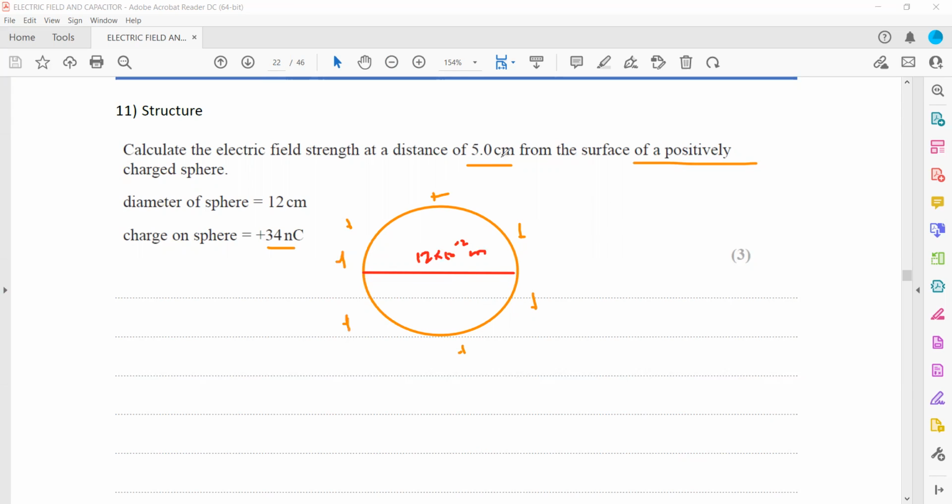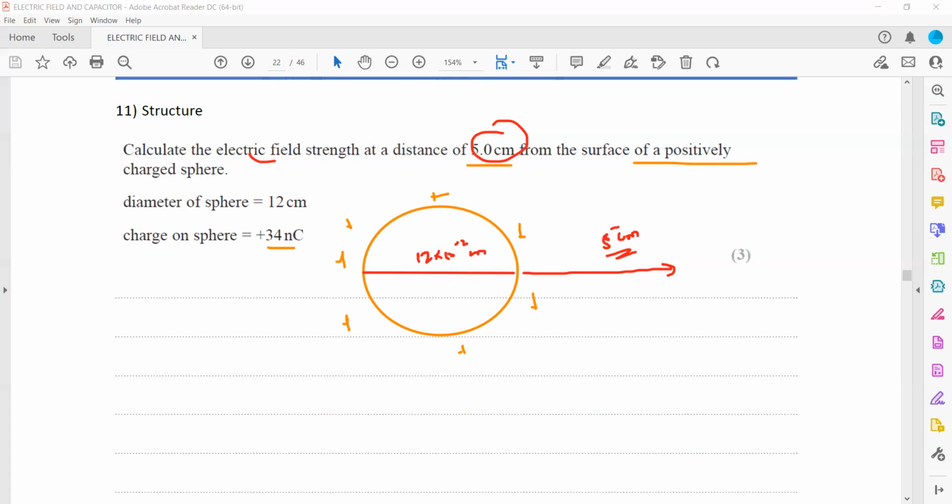So we want to calculate the electric field strength at a distance 5 centimeter from the surface.